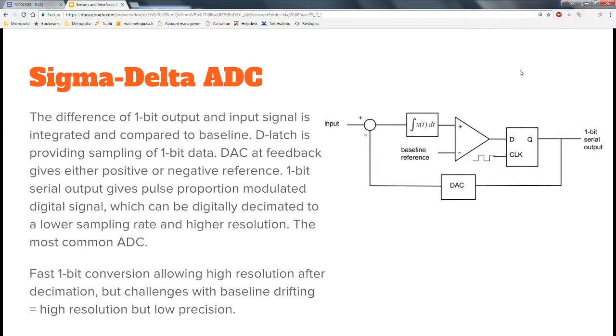So the problem, or challenge, in here is the baseline drift. And that's the challenge of this technology. So if you need high precision, then the integrating is still almost the only answer.